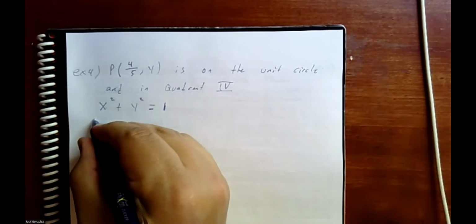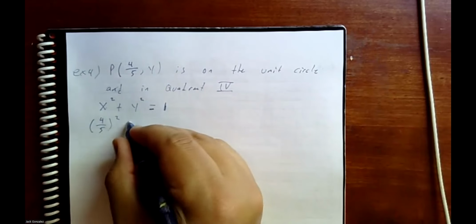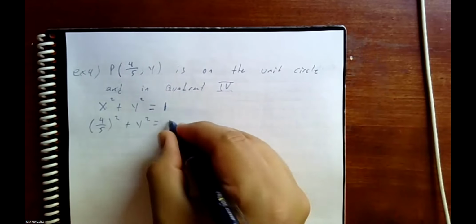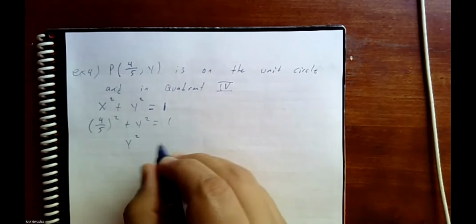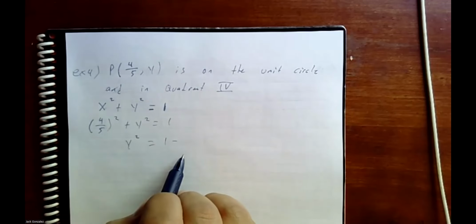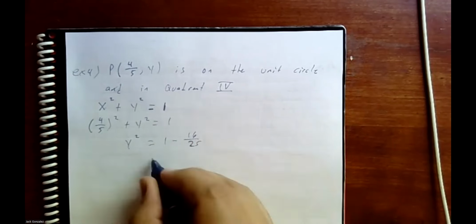Let me show you what I mean. So plug in the 4/5. Subtract that over, that's going to be 1 minus, right? Subtract this. 4/5 squared, that'll be 16 25ths. Right?